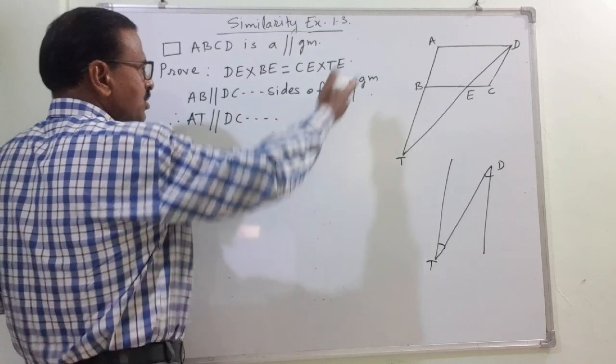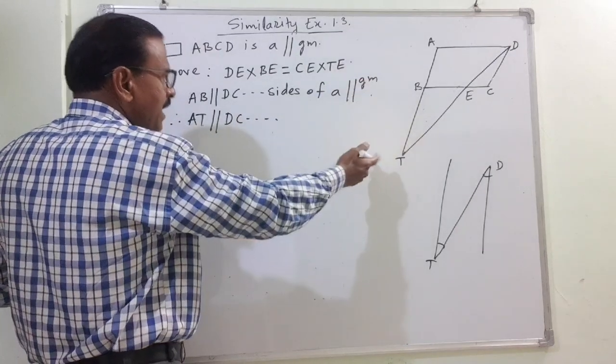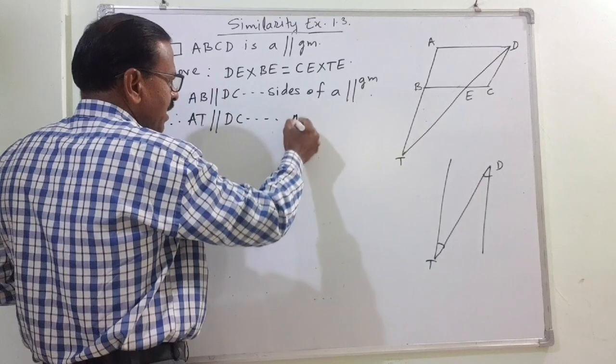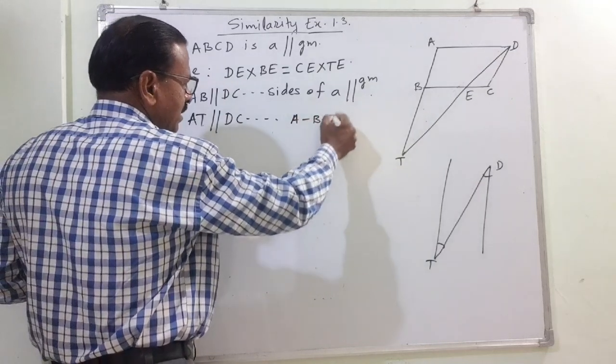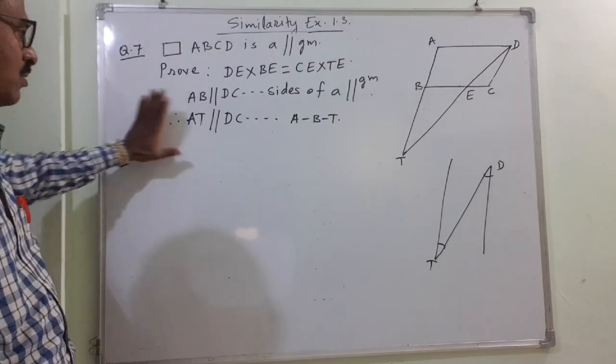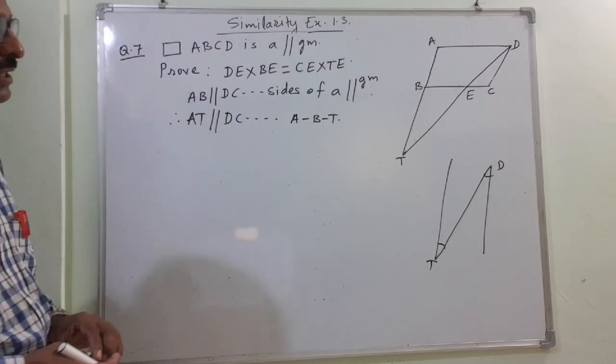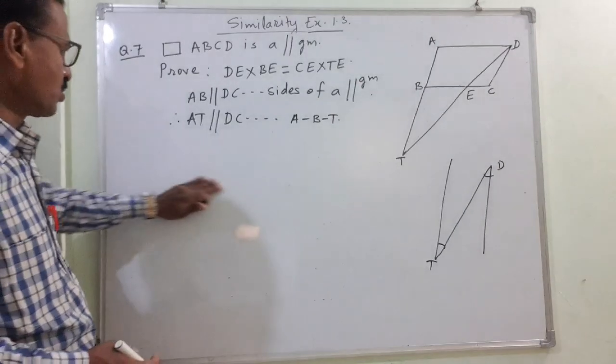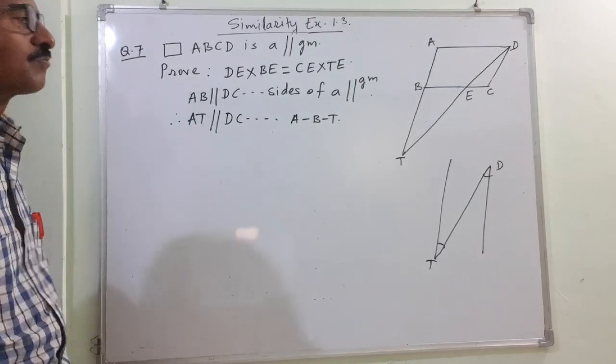Reason: instead of saying AB, I can say AT because B is in between A and T. Purposely I am writing this elaborately because this is an important theorem and many students get confused in this theorem.